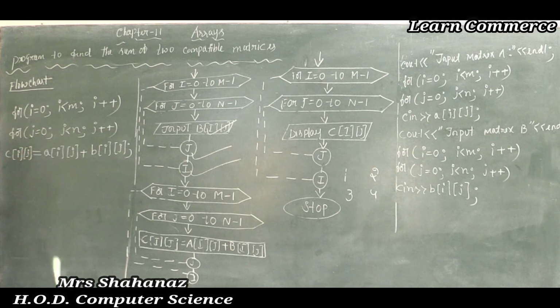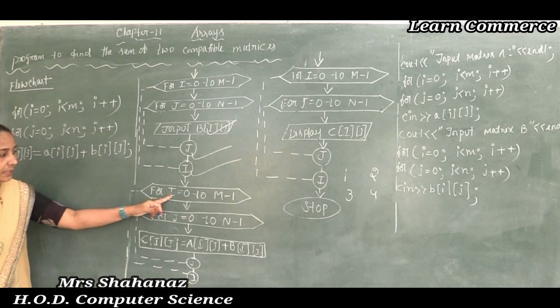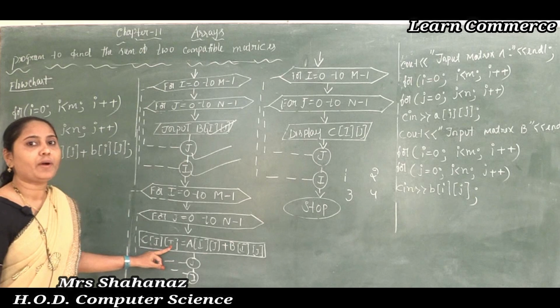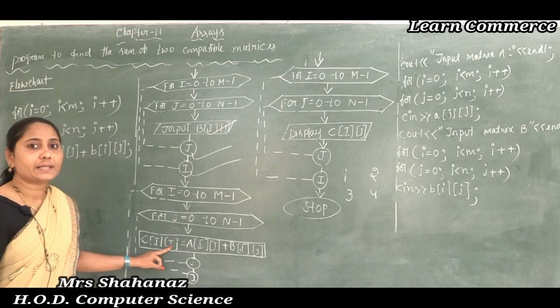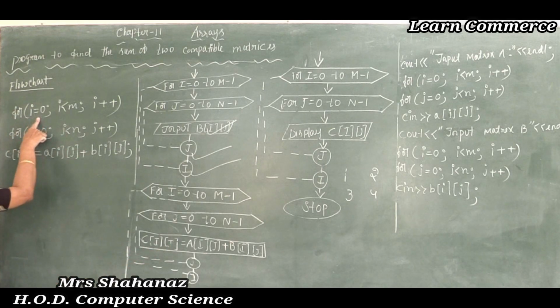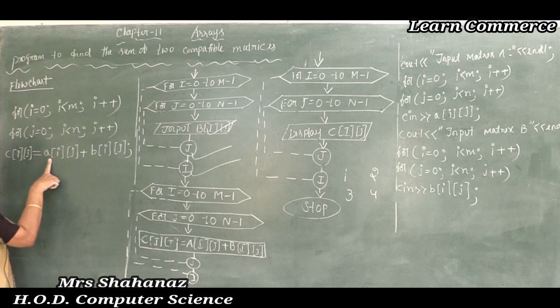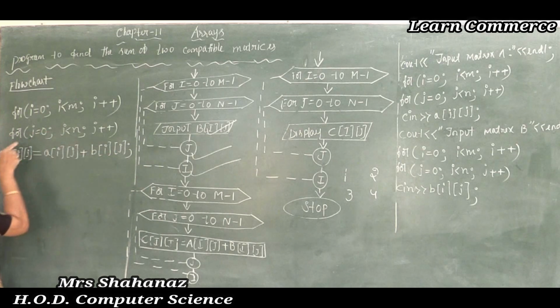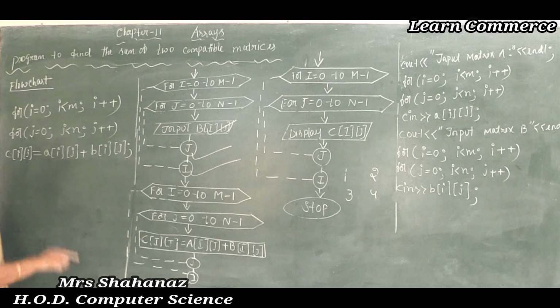Now we are in this coding here. I just want to add the matrix A and matrix B values into the matrix C here. So first of all I am accessing the rows, then I am accessing the column elements, and later after accessing the A matrix and B matrix values here, both values are going to be added into the C of ij. Clear this one here? C of ij here.